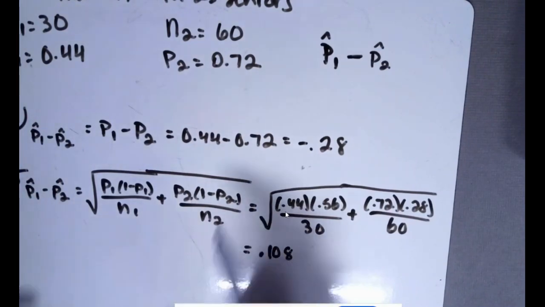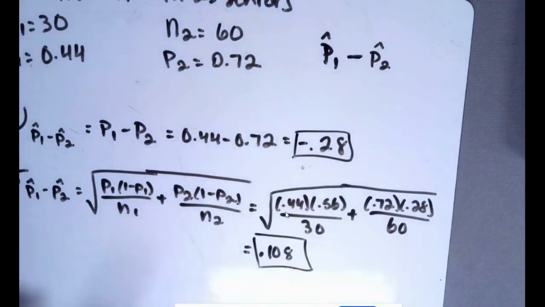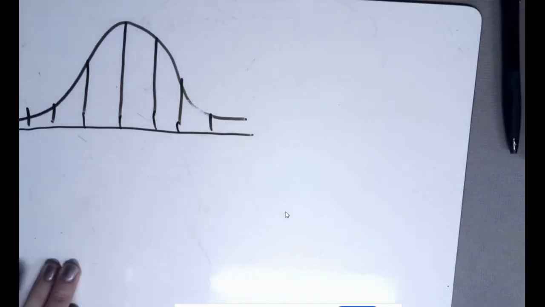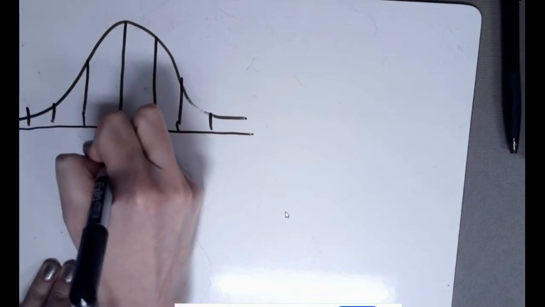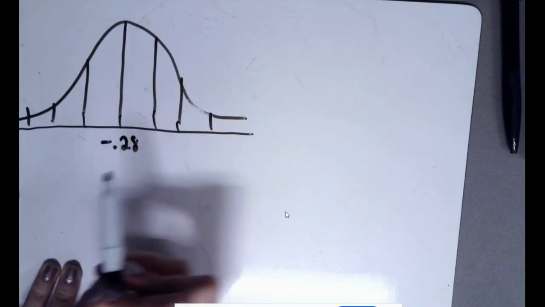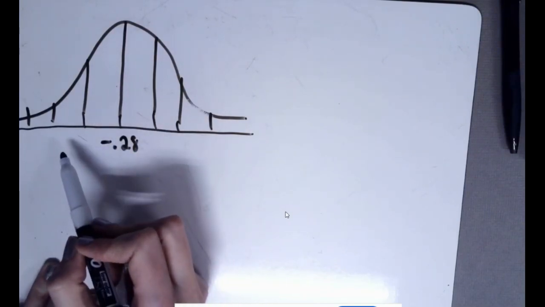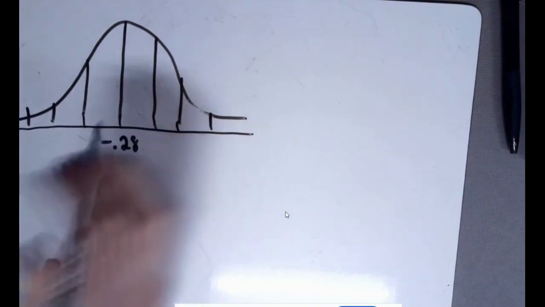So let's use our mean and standard deviation to set up a normal distribution curve. Okay, so here is my normal curve, and I'm going to put the mean in the center, which we said was negative 0.28. And each of these lines represents one standard deviation above or below that mean. The standard deviation was 0.108.